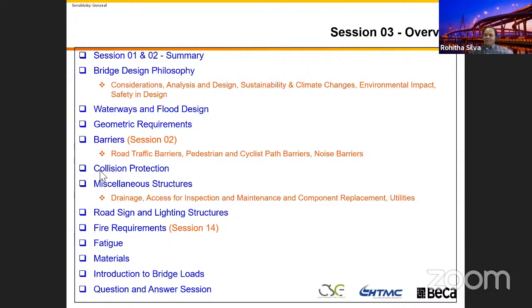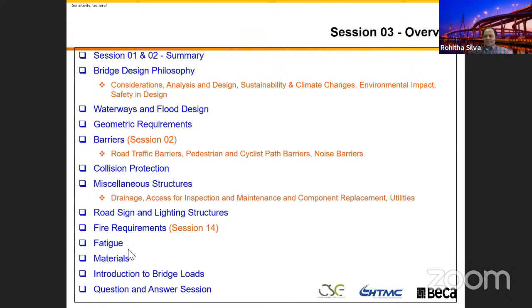Then I will jump onto collision protection, which is quite important in bridge design. Then we'll touch base with miscellaneous structures, road sign and lighting structures, and the fire requirement in bridges, not all bridges, some bridges, which we're going to discuss in session 14.